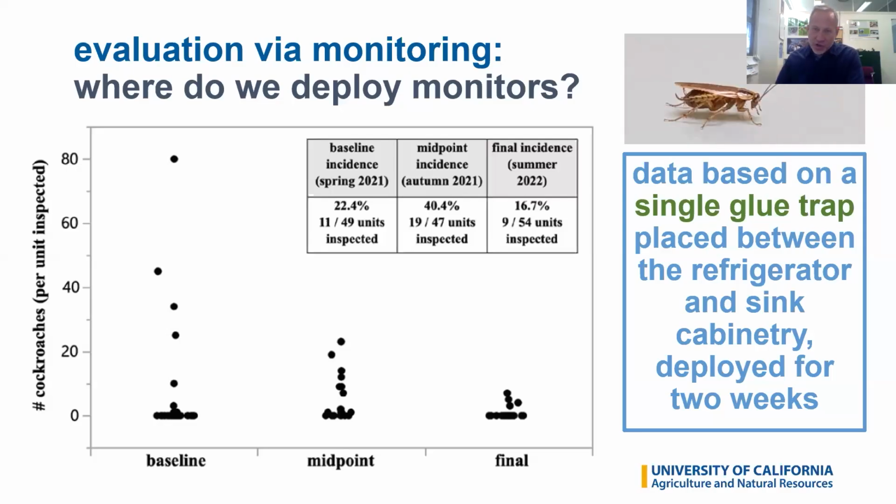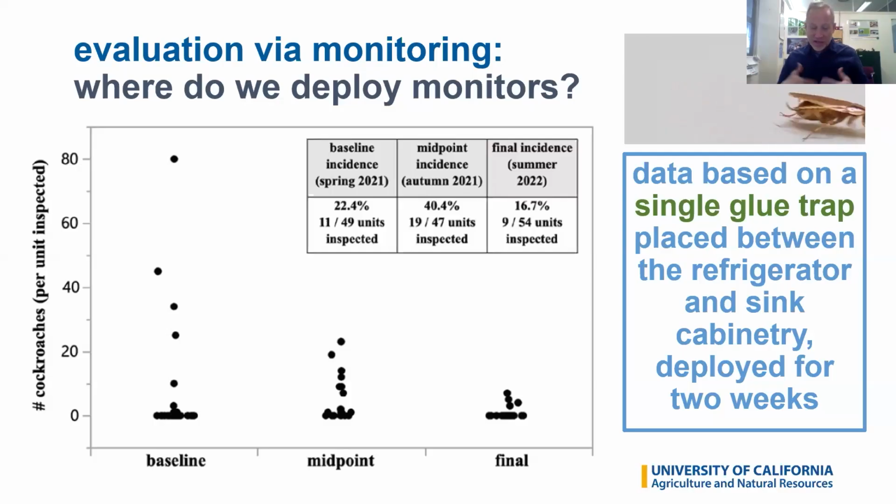We were able to show that the program was effective over 1 year by just using a single glue trap placed between the refrigerator and the cabinet where the sink was for 2 weeks. Over time, we showed that both the incidence, but especially the density of cockroaches per unit, decreased.